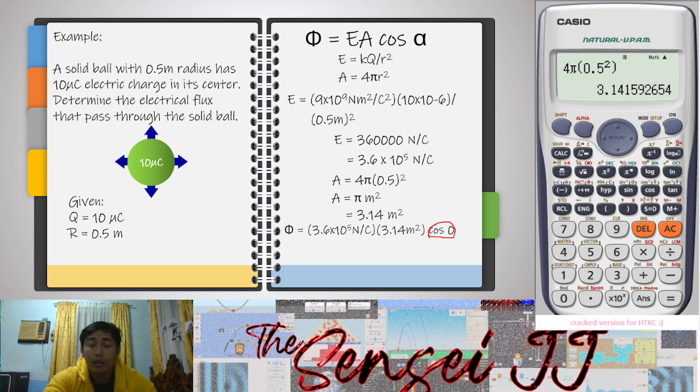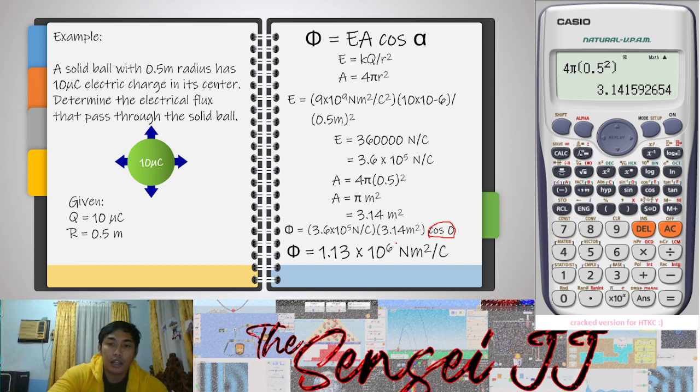So if it is perpendicular, what will happen to our alpha? 0. So cosine 0 will be equivalent to 1. Okay, so here's our answer: 1.13 times 10 raised to 6 Newton square meter per Coulomb.